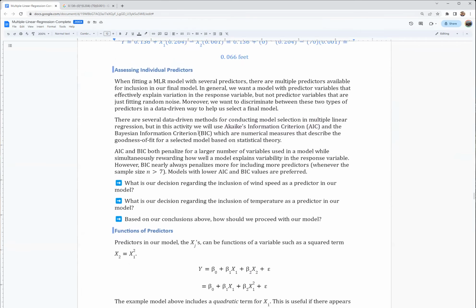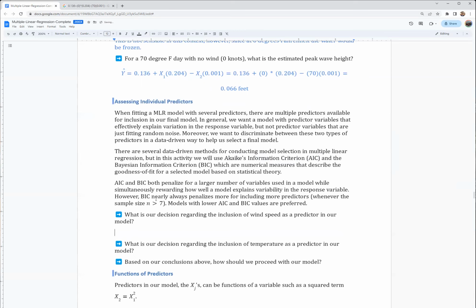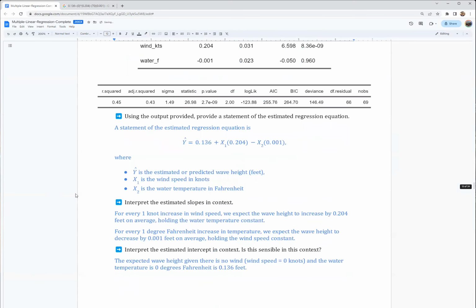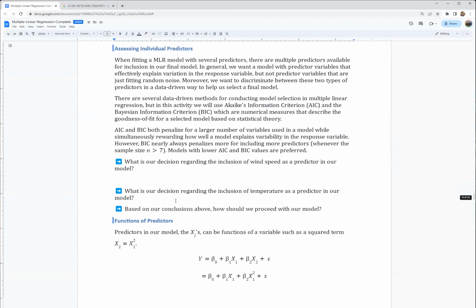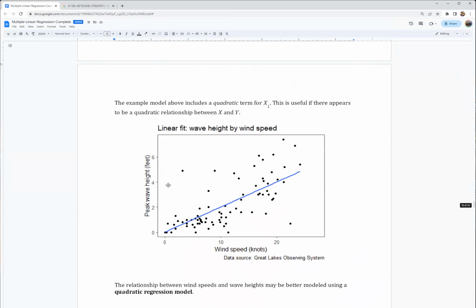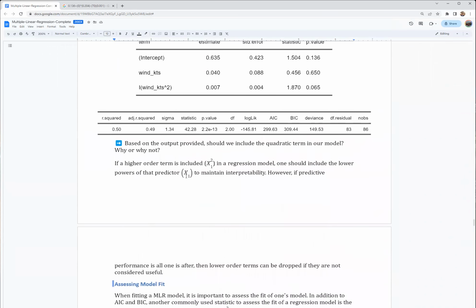So let's look back at our output. Actually, we're going to have to look down at the table.